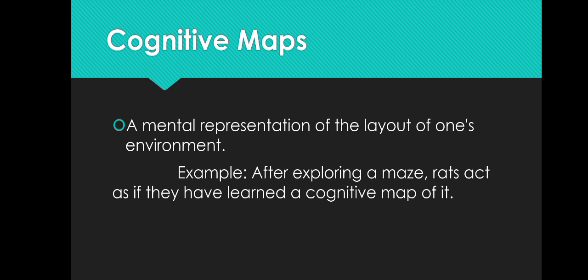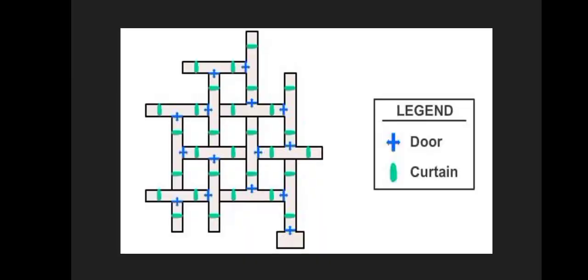His example of an experiment is his maze, an example of mental representation. This is called Tolman's maze.